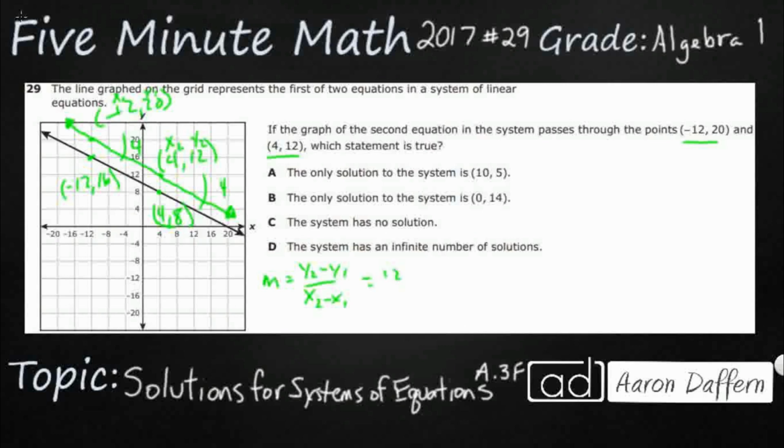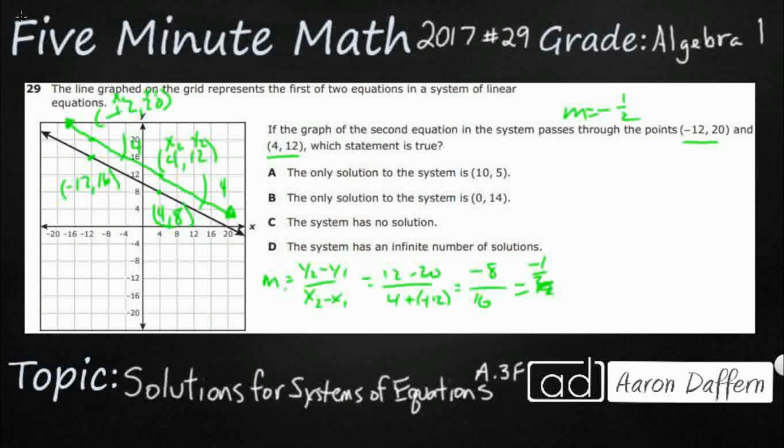That's going to be 12 minus 20 over 4 minus negative 12, so negative 8 over 16. Okay, so I don't know why I wrote 12. It's negative 1/2 there. So this is a negative 1/2 slope.